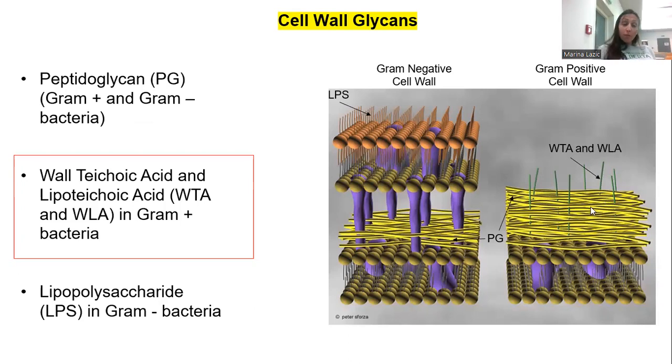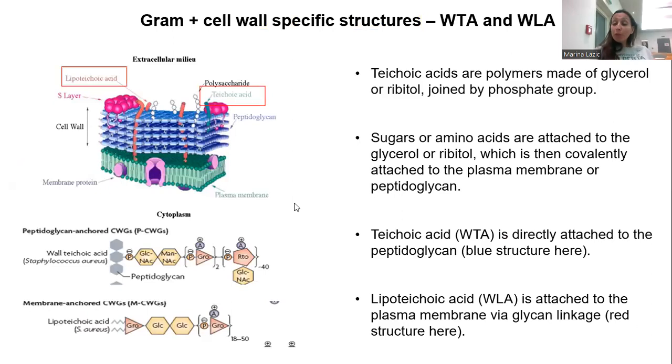In terms of teichoic acids in gram-positive bacteria, there is some interesting information that I wanted to share with you. First of all, they are a gram-positive specific landmark. You need to understand that those are polymers made of glycerol and ribitol, joined by a phosphate group, with various sugars attached to those moieties.